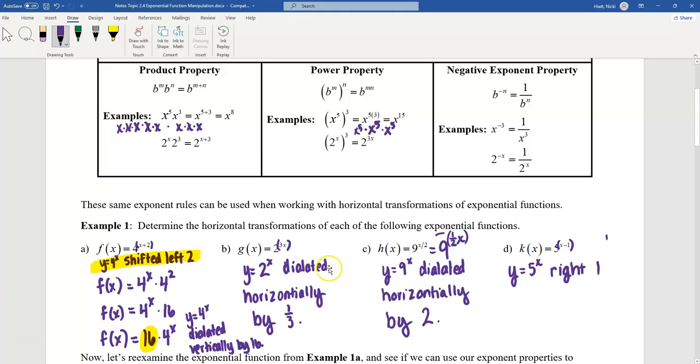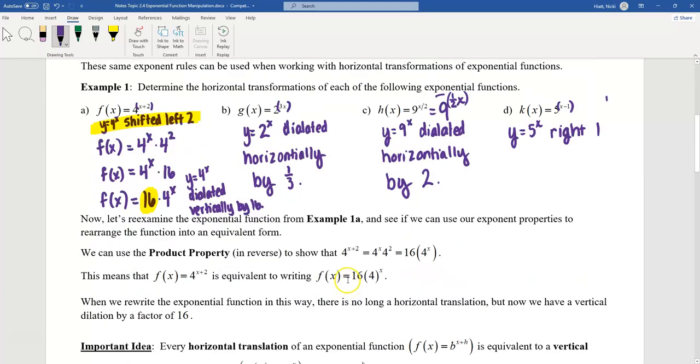So our next step is to see if we can make an equivalent transformation. And I've basically already gone through that, which he goes through here, and we have a vertical dilation by a factor of 16 for that first one there, because I didn't read my directions as well.